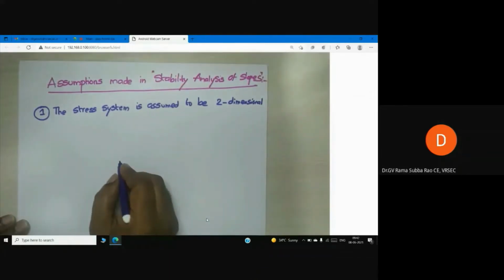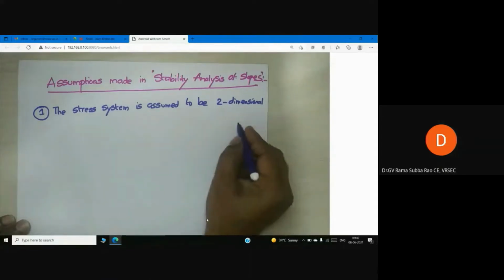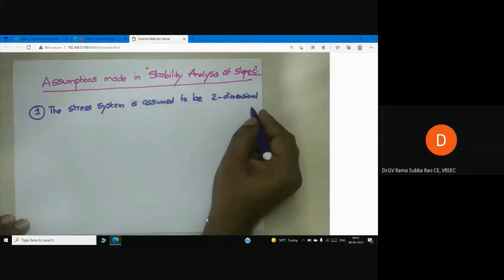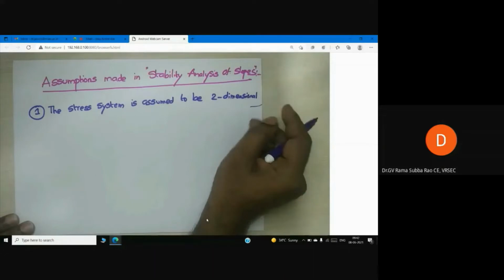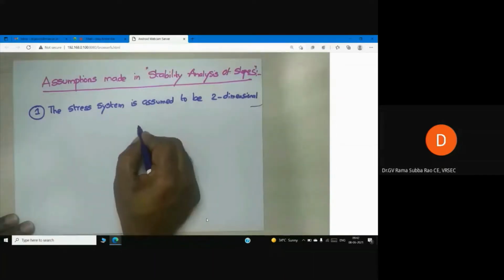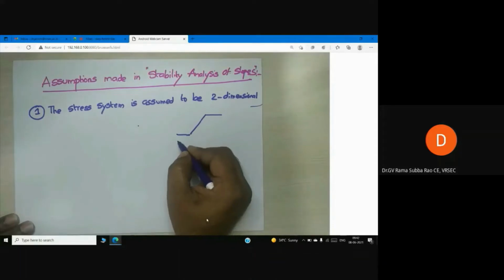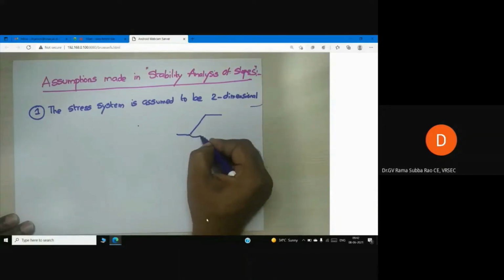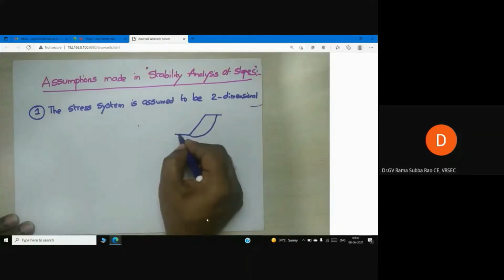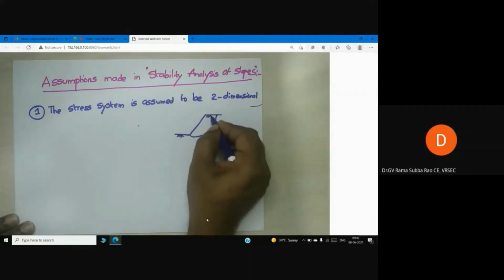This is a very important assumption that we are making while performing stability analysis. That means the entire problem of slope stability analysis, we are trying to confine it to two-dimensional. You can see here, this is a picture. It just speaks about two-dimensional.